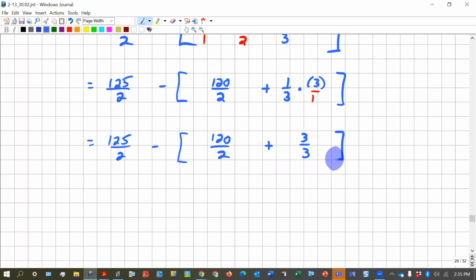If we're trying to add, we need a common denominator. If we don't happen to notice that some of the numbers in this problem are nice, the common denominator would be 6.